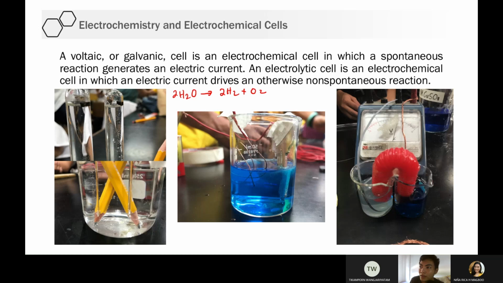Another application of the electrolytic cell is copper plating. In this experiment, this is my key to my dorm. When I was teaching face to face, I lived in a dormitory. So this is my key to the dorm, and then I have here the copper solution and copper metal.